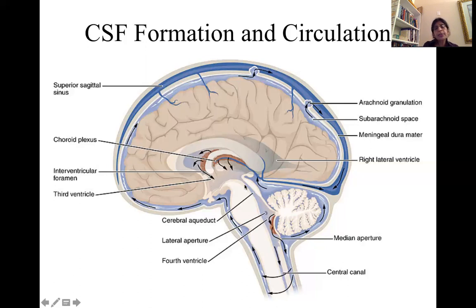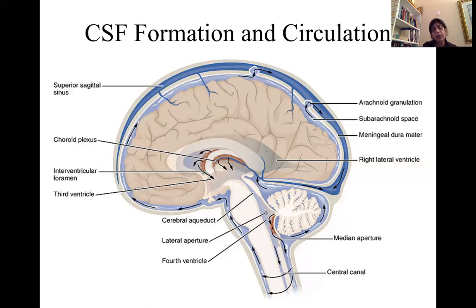From the third ventricle, where additional CSF is added, the whole thing would continue through the cerebral aqueduct. From the cerebral aqueduct, it goes through the fourth ventricle, where additional cerebrospinal fluid is added.